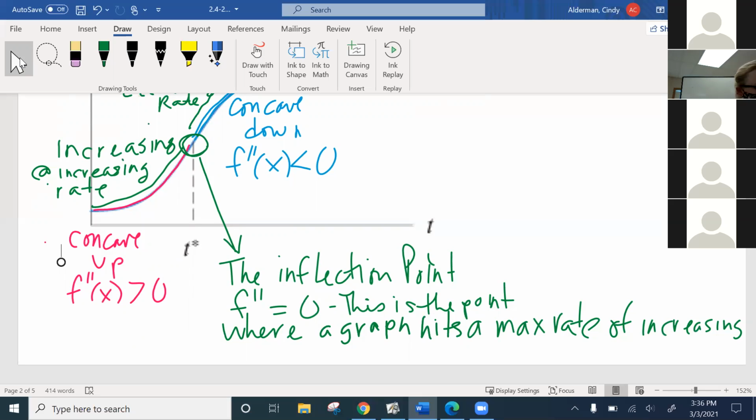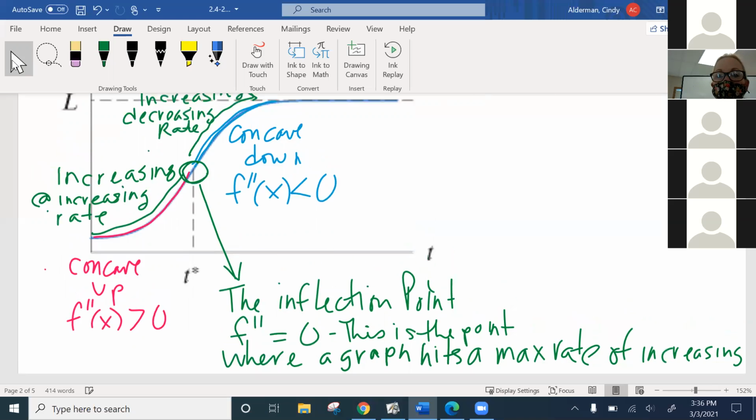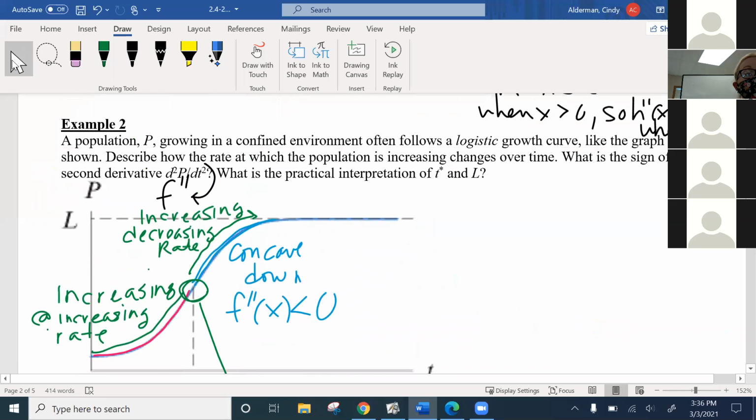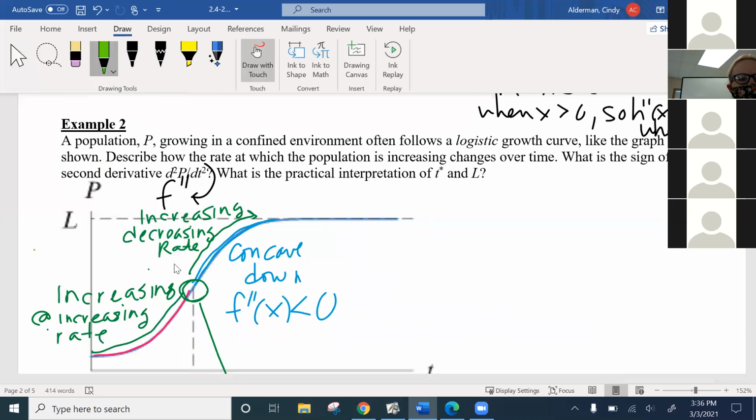All right, what else do I want you to know? There's a name for this guy up here. What's this called? You guys remember from math in high school? Yeah, so that's a horizontal asymptote.